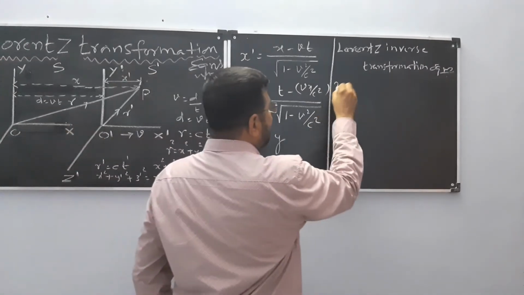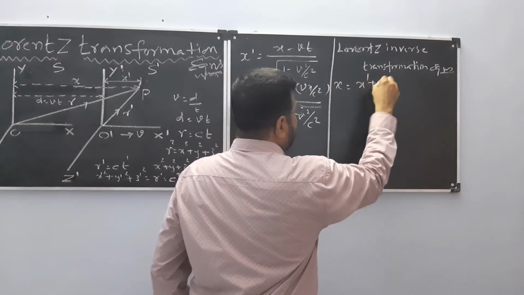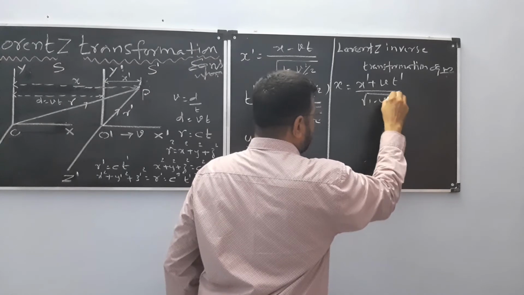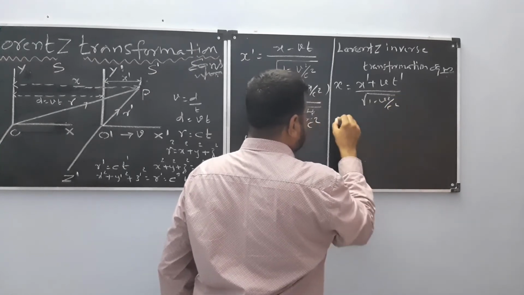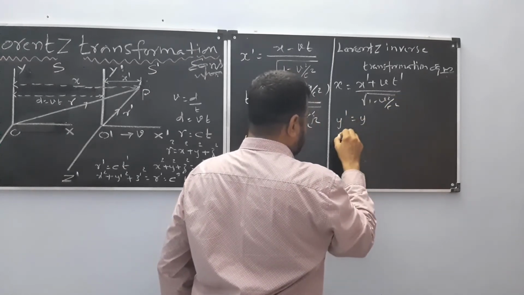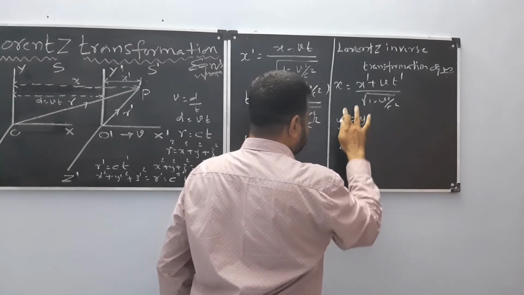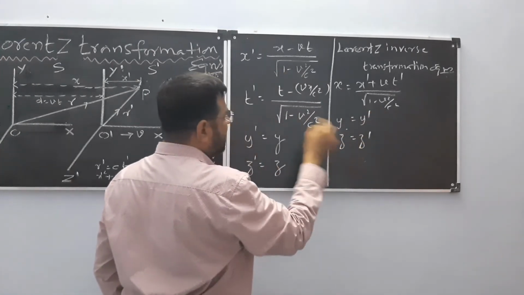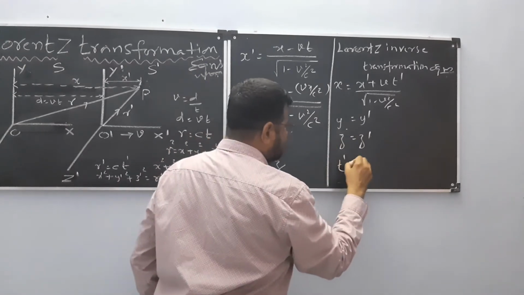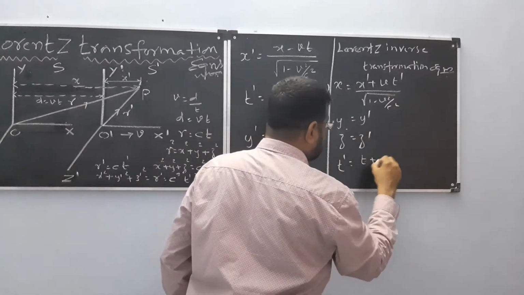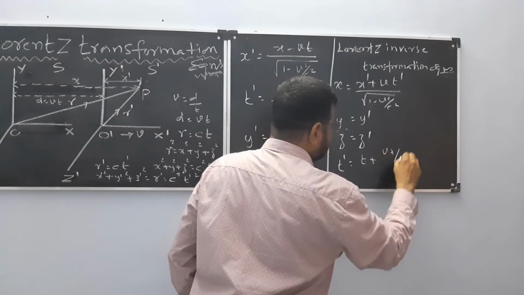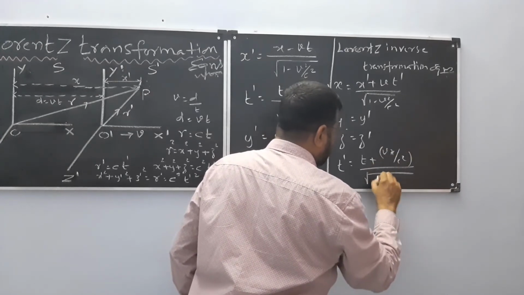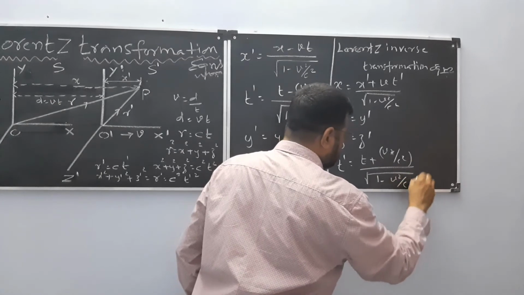So you write x is equal to x dash plus vt by root of 1 minus v square by c square, y equal to y dash, z equal to z dash, and opposite to this, t is equal to t dash plus v of x dash by c square divided by root of 1 minus v square by c square.